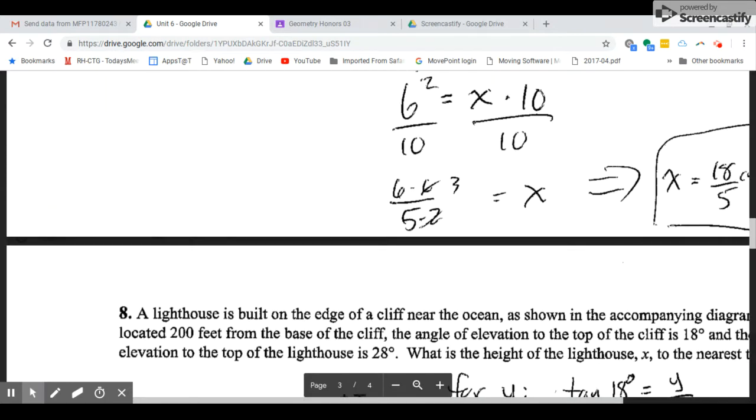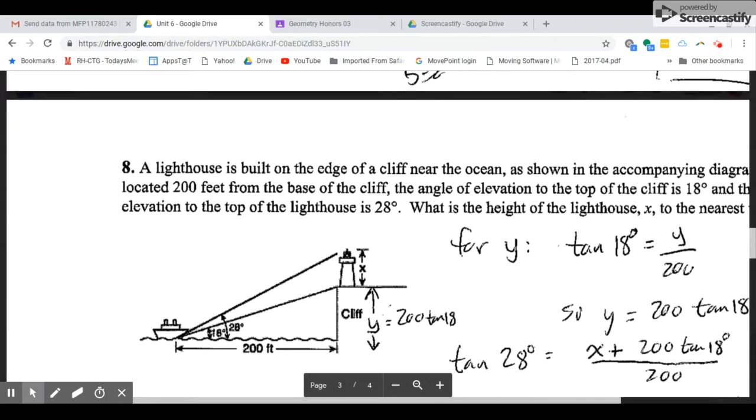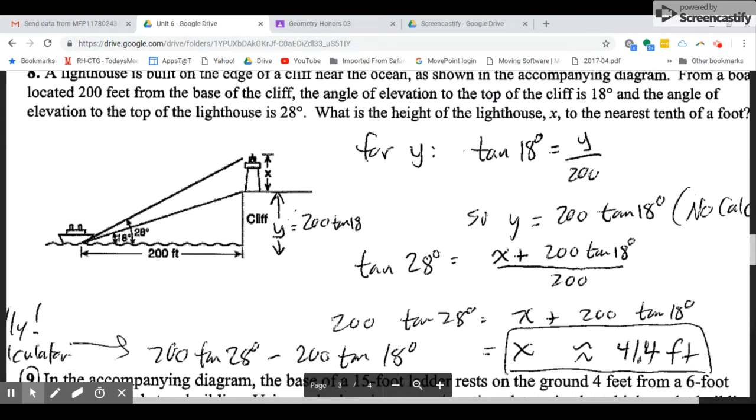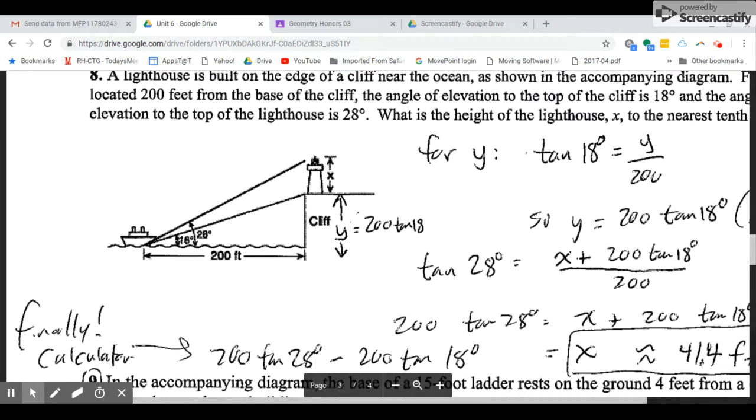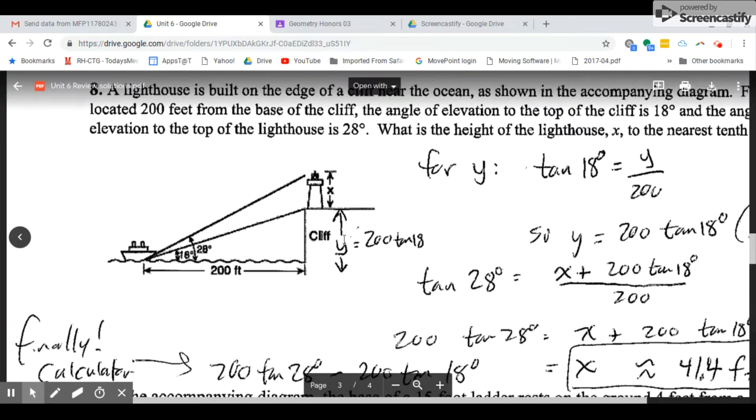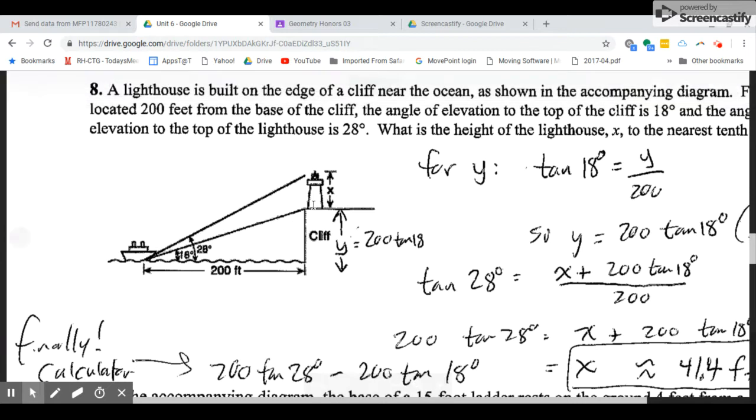Okay, I guess nobody asked for number 8. I'll just do a real quick run through here of how to do that problem. You're finding this part here is 200 times tangent of 18. You're using this little triangle to find basically the height of this cliff, kind of, before you get to the lighthouse.